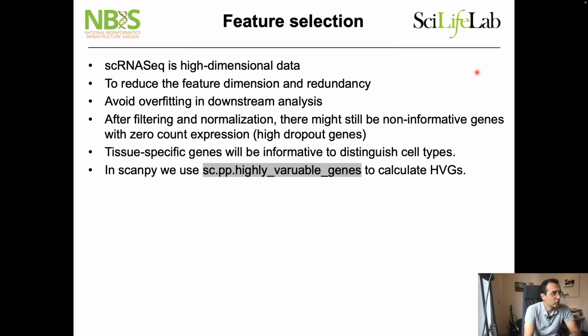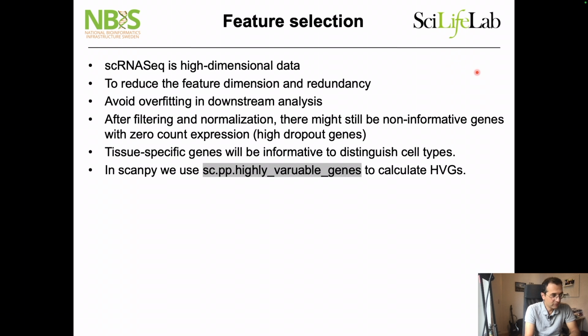After filtering and normalization, there might still be non-informative genes with zero count expression, and we should also remove those. Remember that some of the genes can be tissue specific and can be informative to distinguish cell types. We should not make a very strong filtering on these. And in SCANPY, you can calculate highly variable genes by this function.